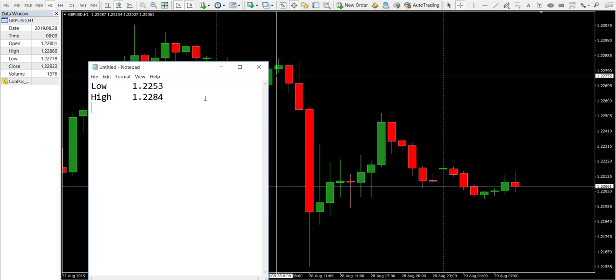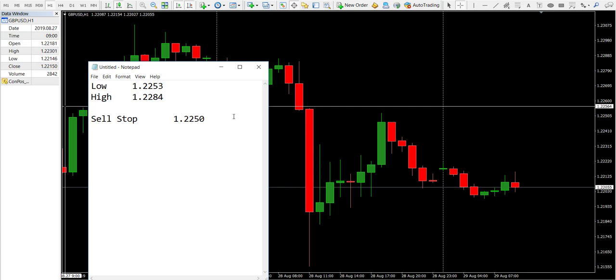So let's start it. Sell stop would be 1.2250, 3 pips below the low, and stop loss would be 3 pips above the high. In this case it would be 1.2287.